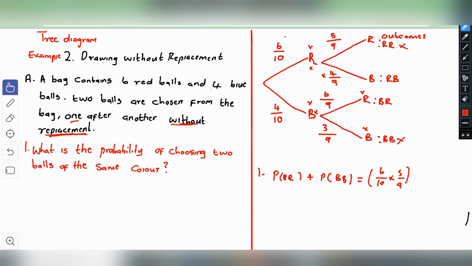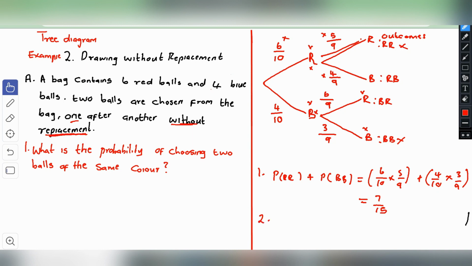We're going to check these two values here. It's for R and R, right? Therefore, plus for blue and blue, it's going to be 4 all over 10 multiplied by 3 all over 9, whereby the answer is going to be 7 all over 15, right?